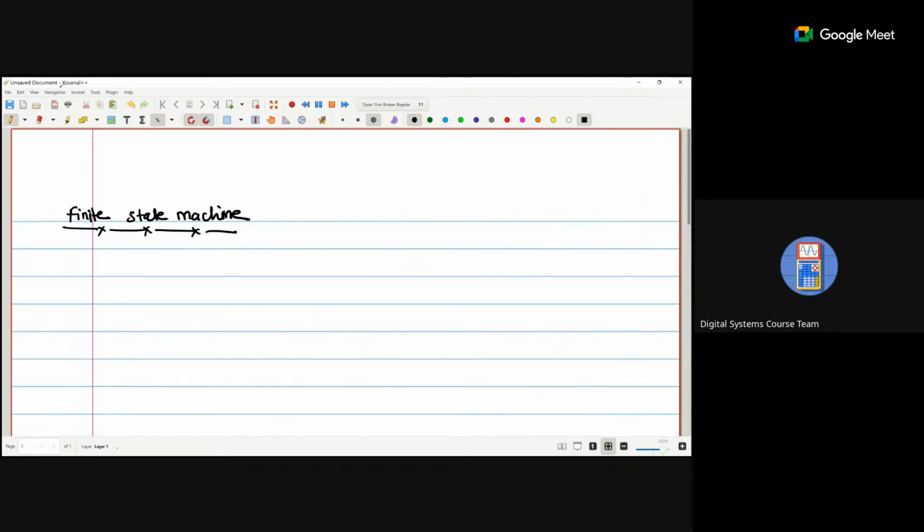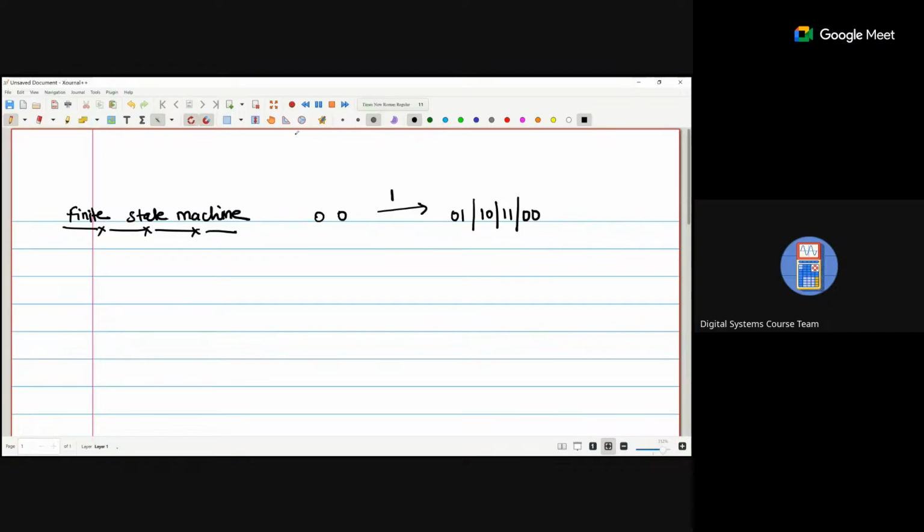FSM is the model that, on the basis of state and input, provides the next state. For example, if we have state 00 and apply the input 1, what will be the next state? Maybe it is 01, or 10, or 11, or maybe it is 00 again. So it provides the state where it will be going after applying the input.